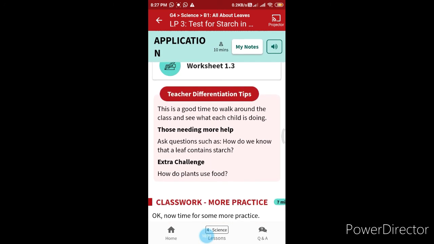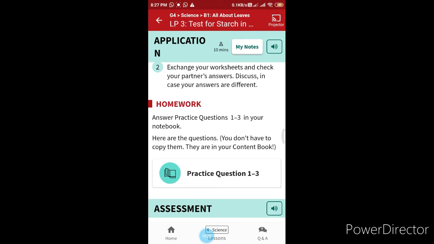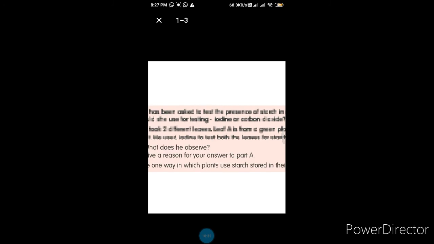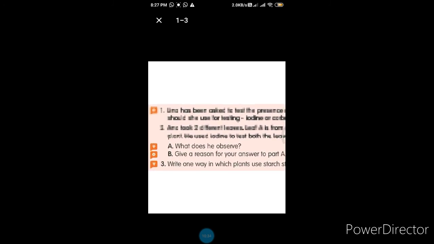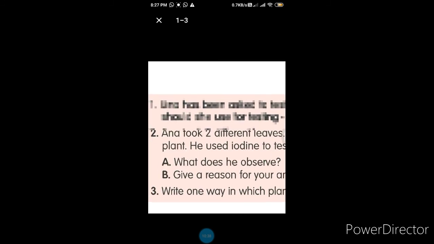Now, shall we see the content book questions? In your content book regarding this exercise, some questions are given that we will see, children.